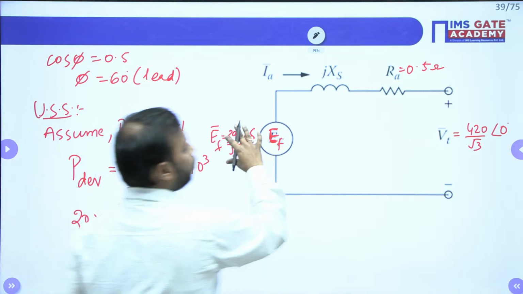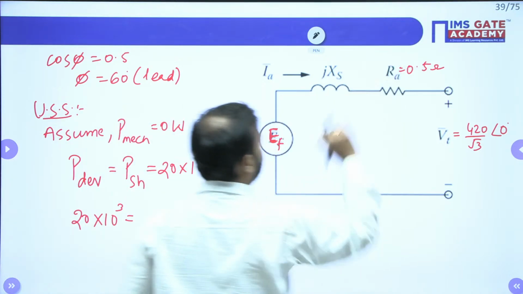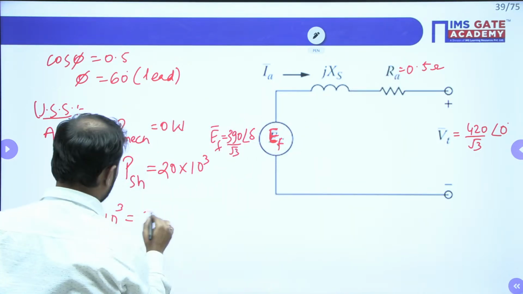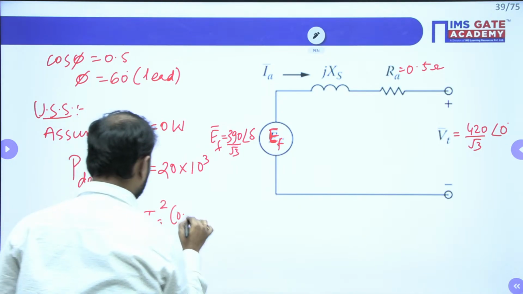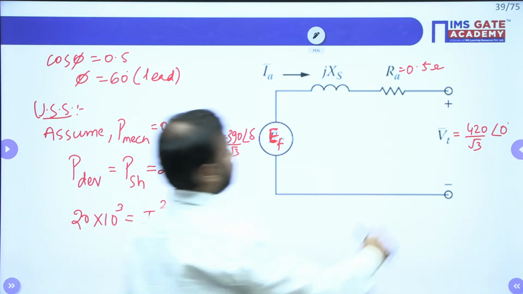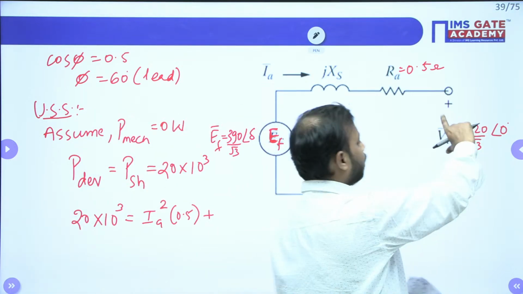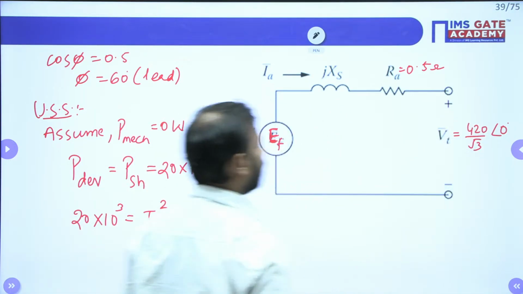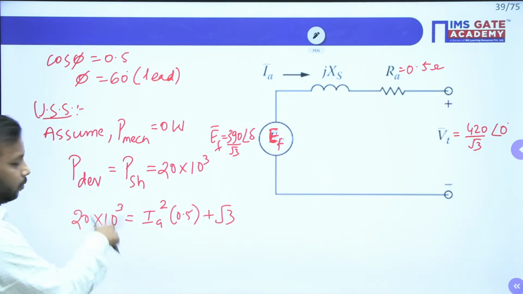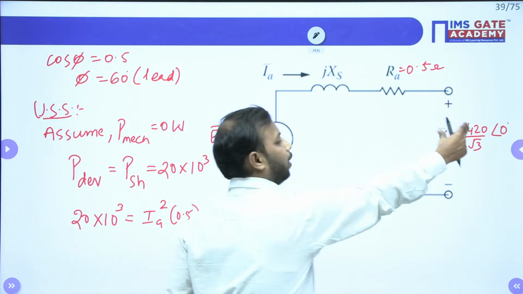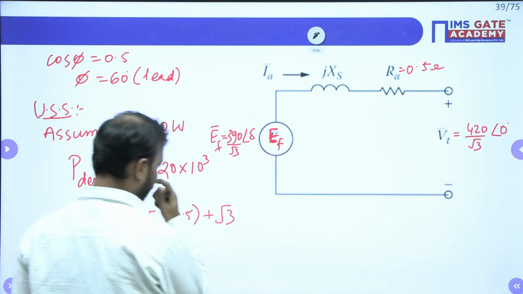This is equal to power loss across this element, IA square into RA, which is 0.5, plus the output power, which is electrical. So this is equal to √3. Mind you, this is the 3-phase power, so you need to take the electrical power also as 3-phase.